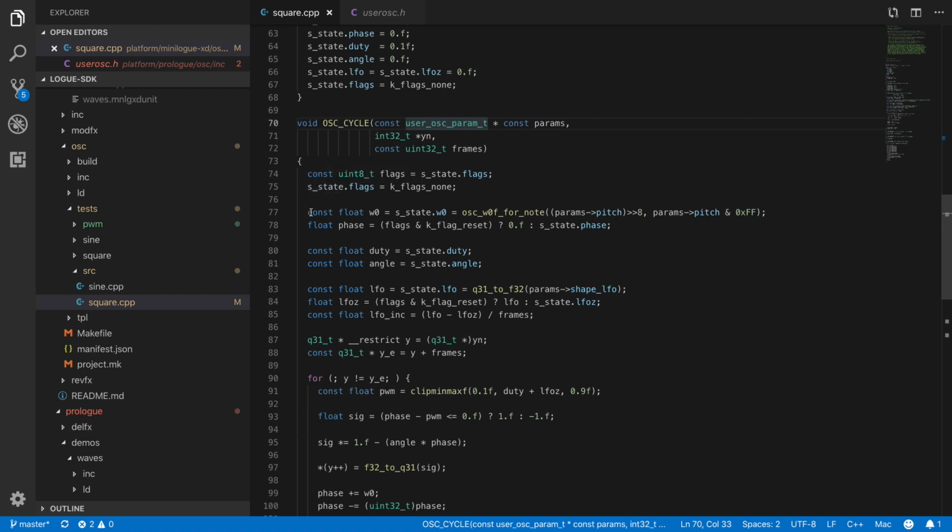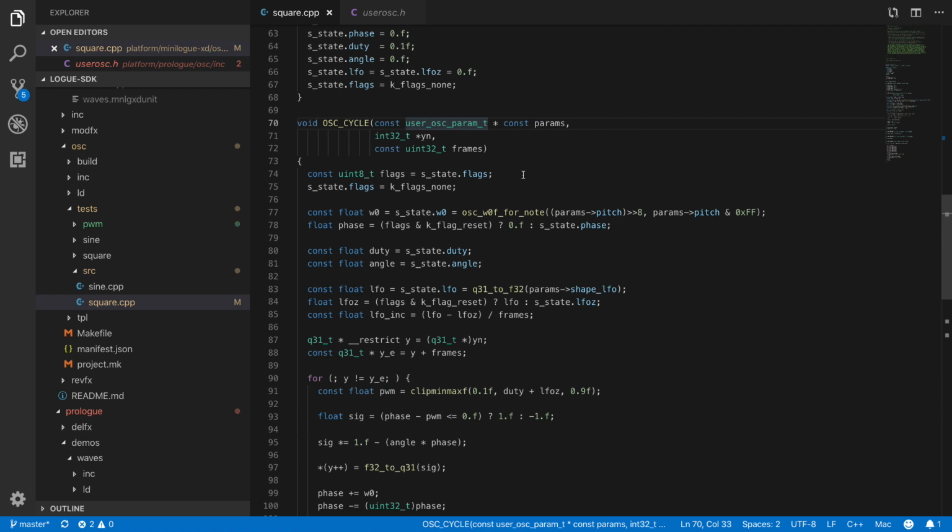Then get a conversion done from the pitch of the parameters that we get passed. In the parameters we get passed a pitch, and this is referencing that pitch variable, and the pitch is getting split up into 2 parts. The first part is the actual note, the MIDI note, and the second one is the pitch modulation.